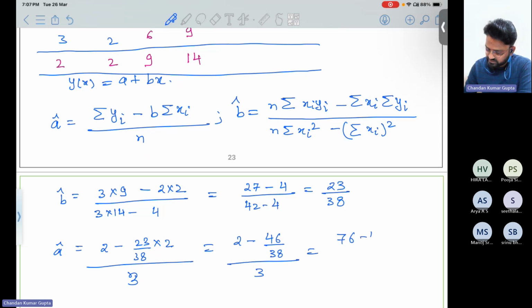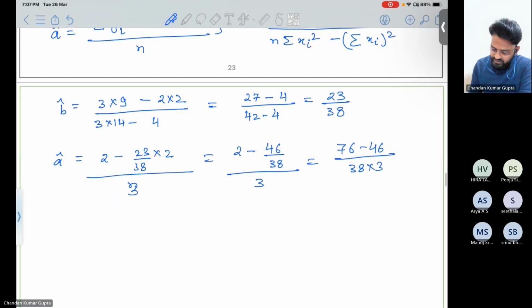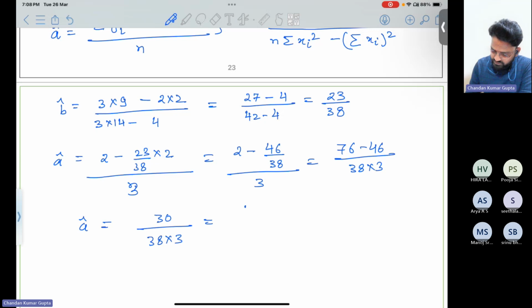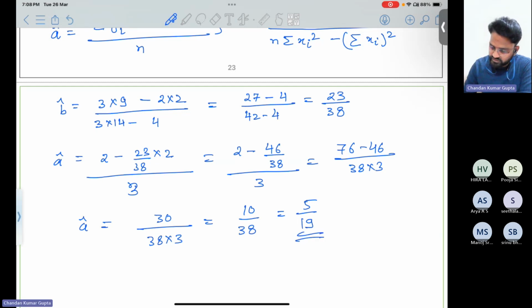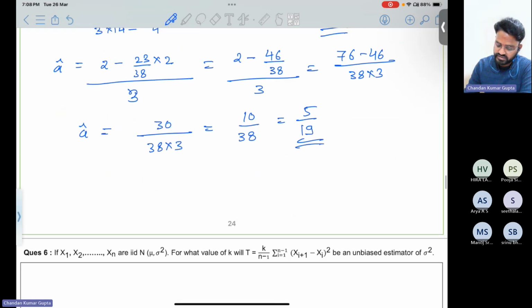It's 76 minus 46 upon 38 into 3, and it comes out to be 30 upon 38 into 3, which is equal to 10 upon 38, which is 5 upon 19. Okay, so these are our values of A and B cap.